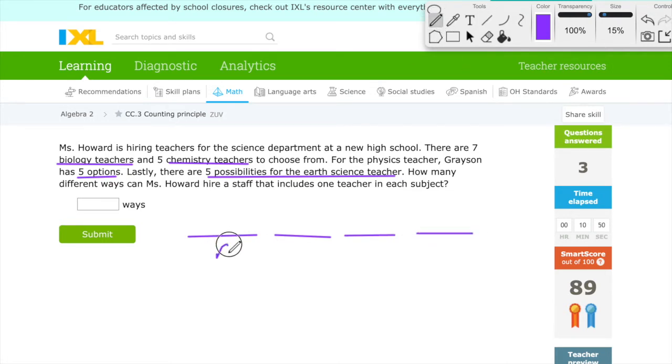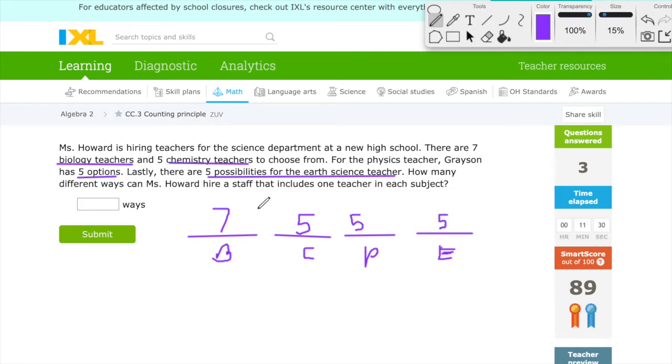So we're going to say this is biology, chemistry, physics, and earth science. With biology, we have 7 options. Chemistry has 5. Physics has 5, and earth science also has 5.